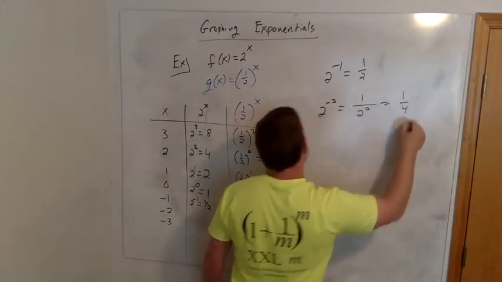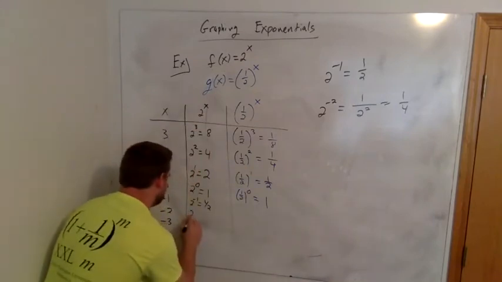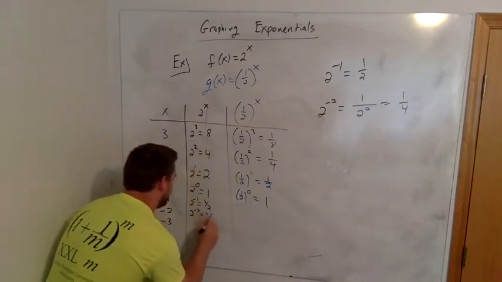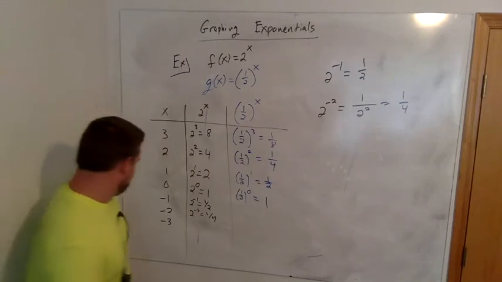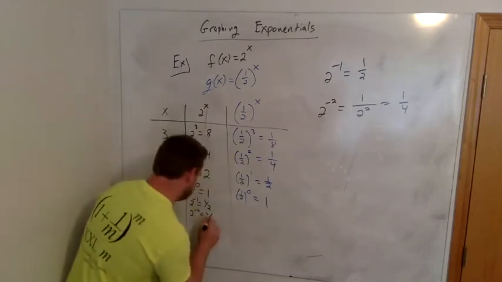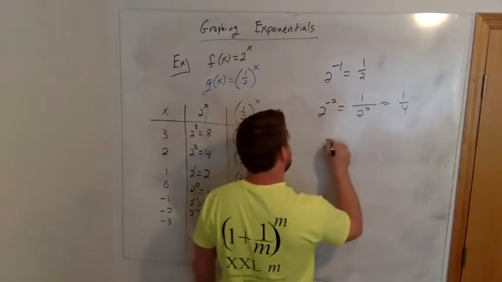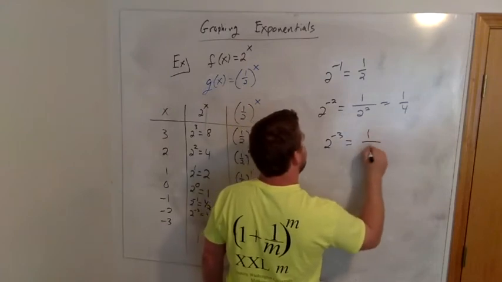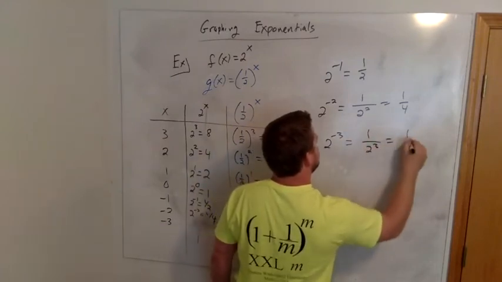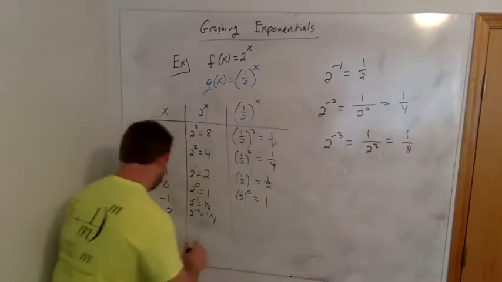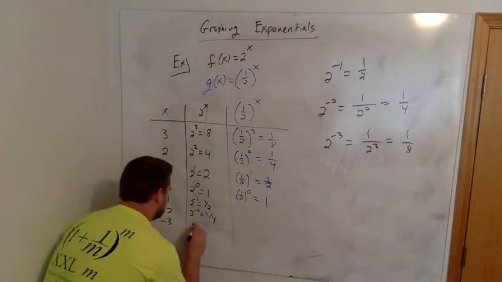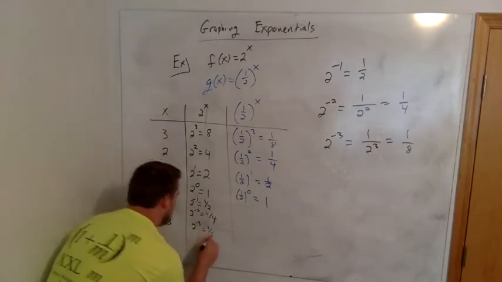So this is 1/4. So 2 to the -2 is 1/4. Okay. If we do 2 to the -3, this says divide by 2 3 times. So this will be 1/8. So here we get 2 to the -3 is 1/8.